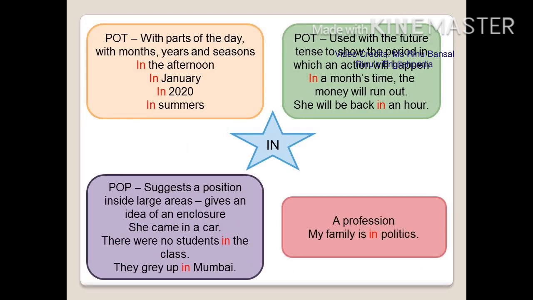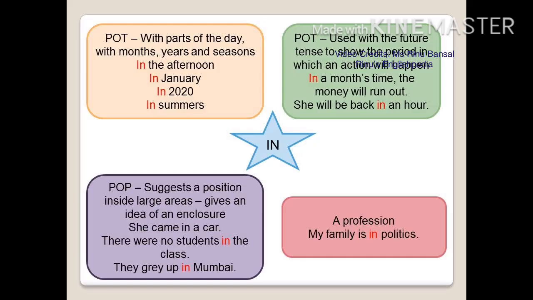This brings us to the study of the preposition in. In as a preposition of time is used with parts of the day or with months, years and seasons. For example, in the afternoon, in January, in 2020 or in summers.